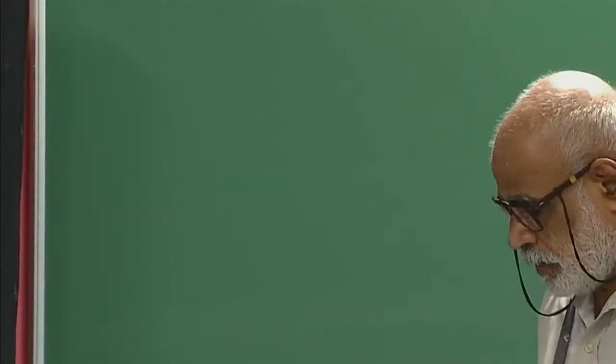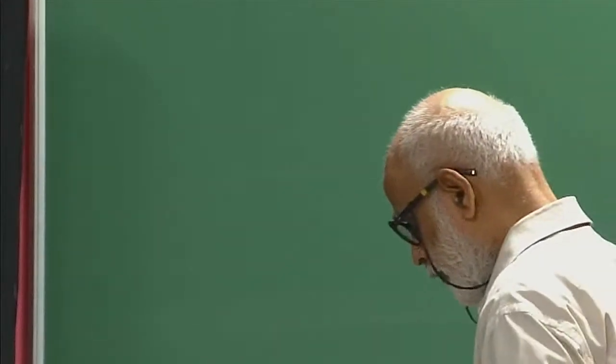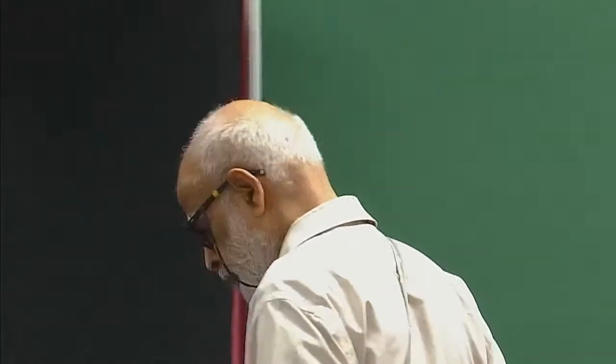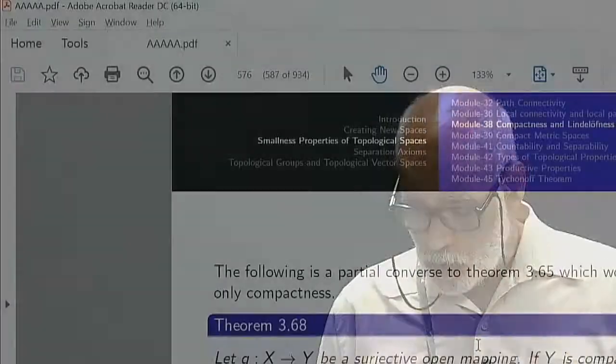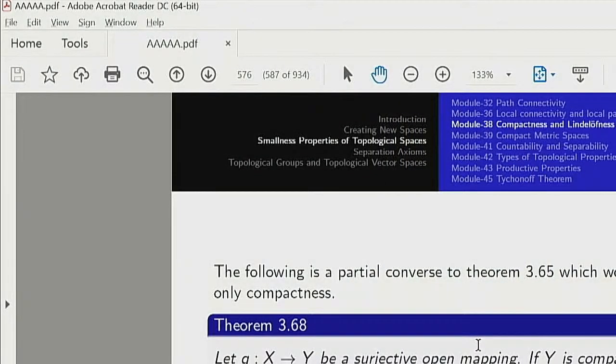Then we thought of writing a converse to that, and this was the theorem. Namely, take a surjective open mapping q from X to Y. If Y is compact and all the fibers are compact, fibers meaning q inverse of the singleton {y}, where y ranges over all the points of Y, so all of them must be compact, then X is compact.